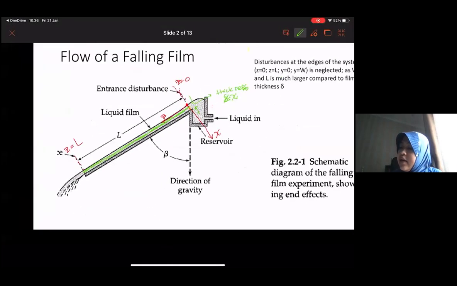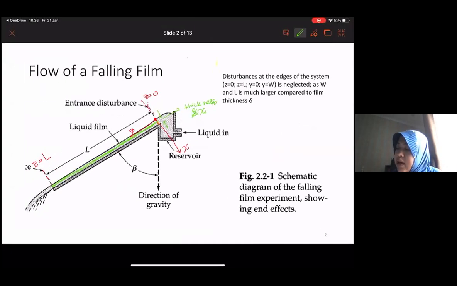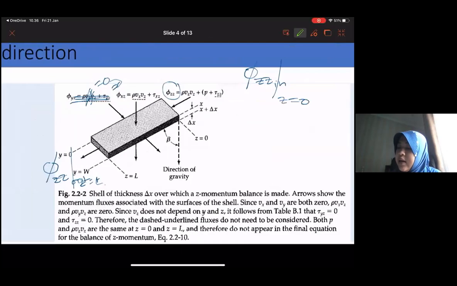Then let's make it into 3 dimensions. It would look like this.